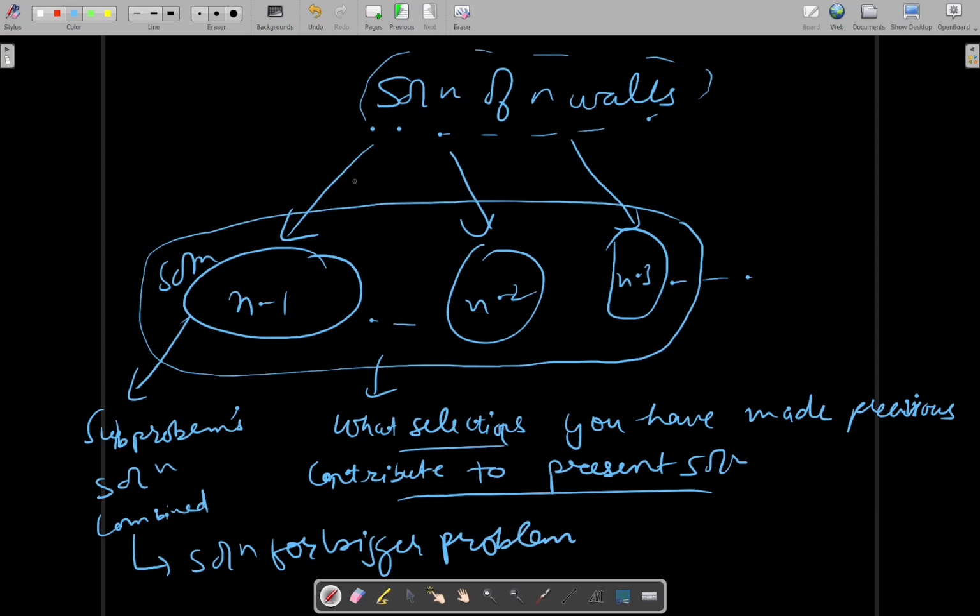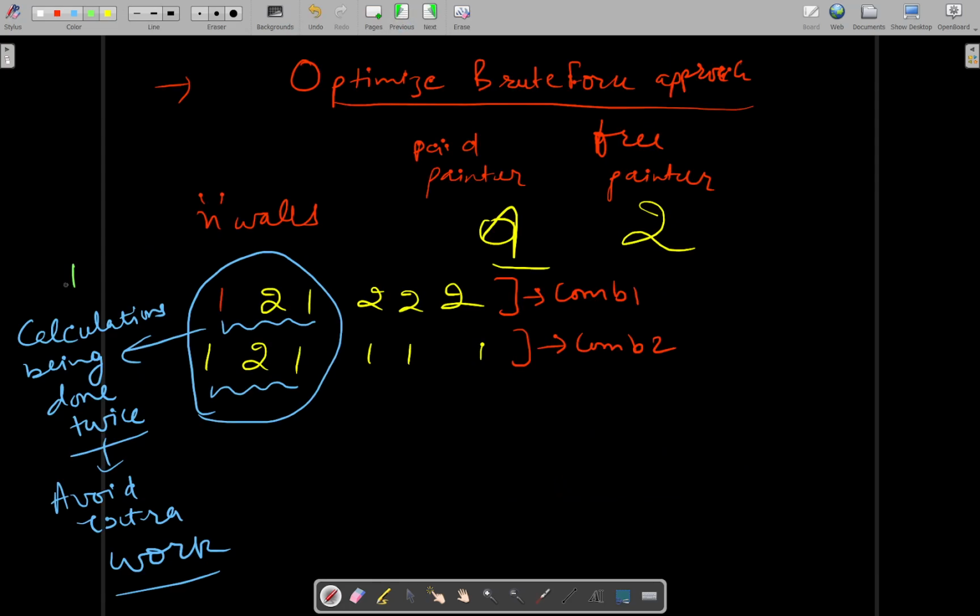So this is observation number 2 and the previous was observation number 1.